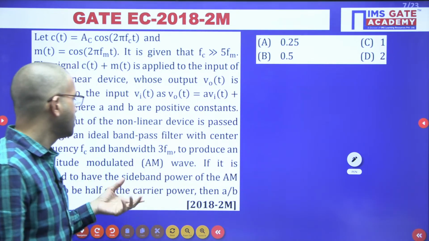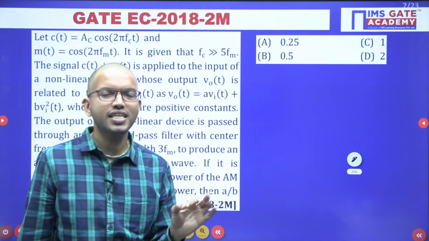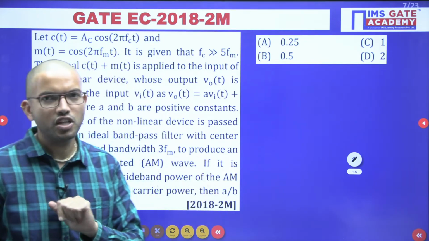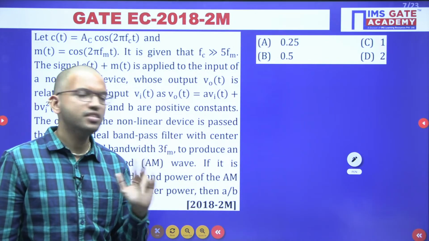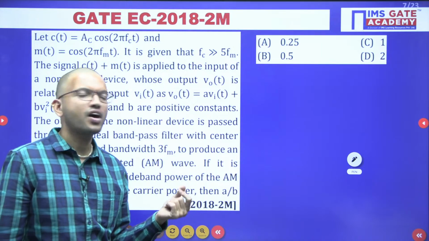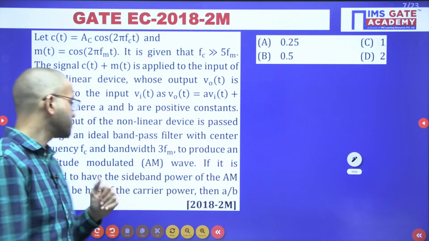Whenever the question is related to SSBSC, obviously sideband means single sideband only, but whenever the question is related to AM or DSBSC, you have to consider both the sidebands, okay, right.